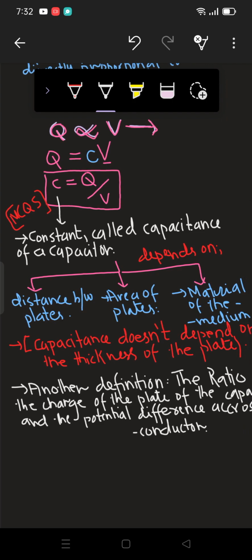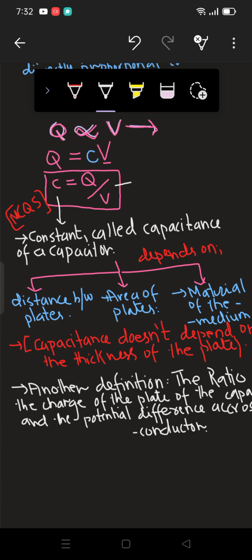Then we have read another definition for the capacitance. This is nothing but we have made from here, right? We know that C is equal to Q upon V. So we can say that it is the ratio of the charge stored on the plate of the capacitor and the potential difference across the conductor, right?